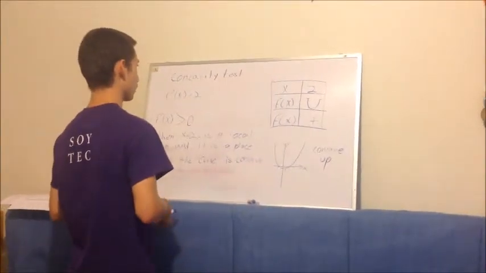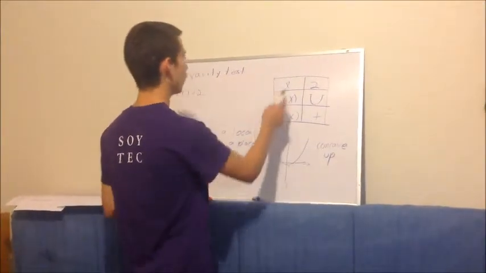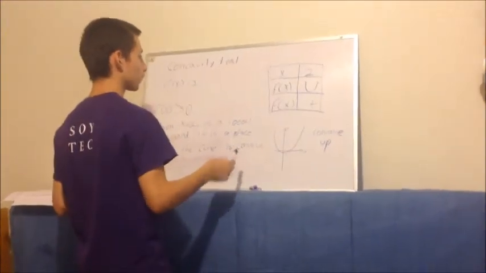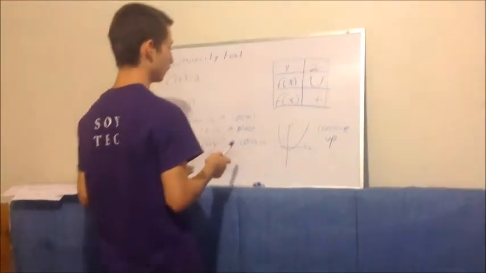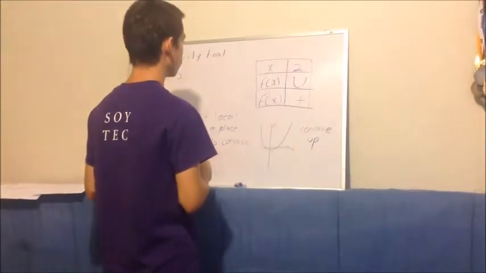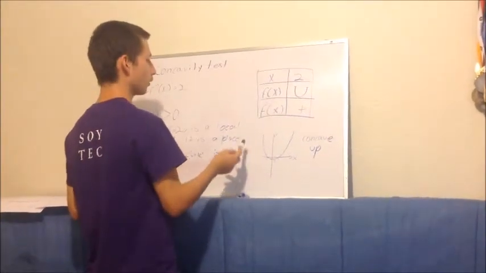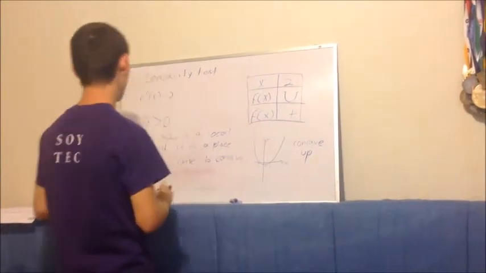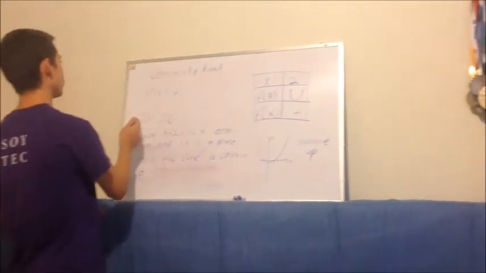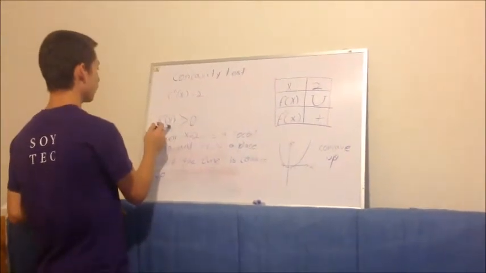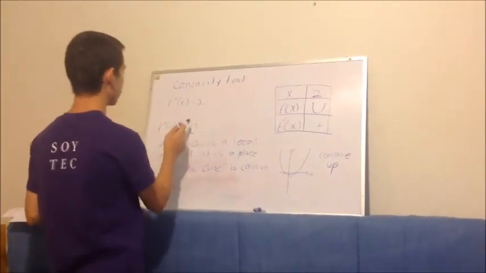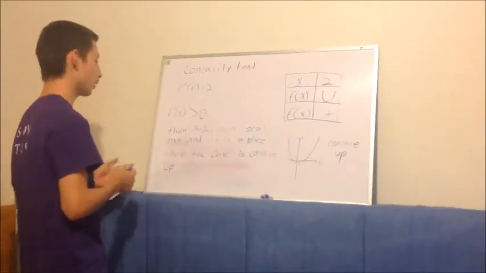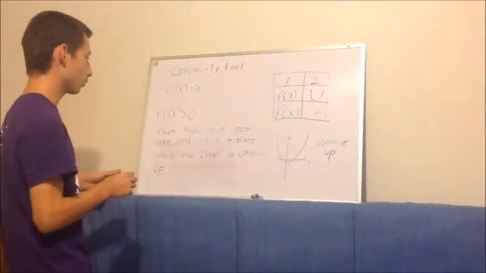In the concavity test, the second derivative is 2, so the function is concave up, and that is possible because the second derivative of x is bigger than 0. It's a local minimum and it is a place where the curve is concave.